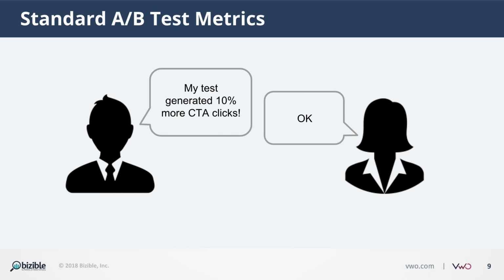You want more clicks than fewer clicks, but that's not going to get you very far. Your boss will probably be happy for you. Hey, you did better, but they won't be that excited. You can't take CTA clicks up the chain to the CEO, let alone probably the CMO, especially depending on how large your company is. So let's move into the next class of metrics that we look at.